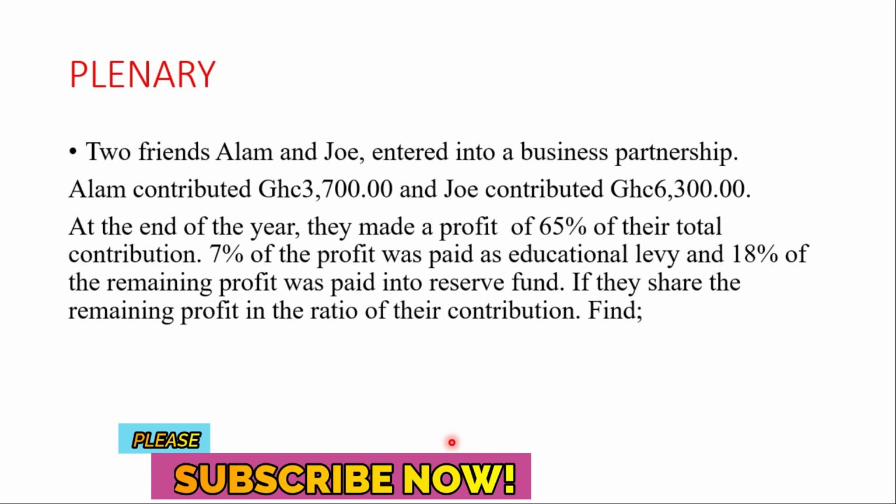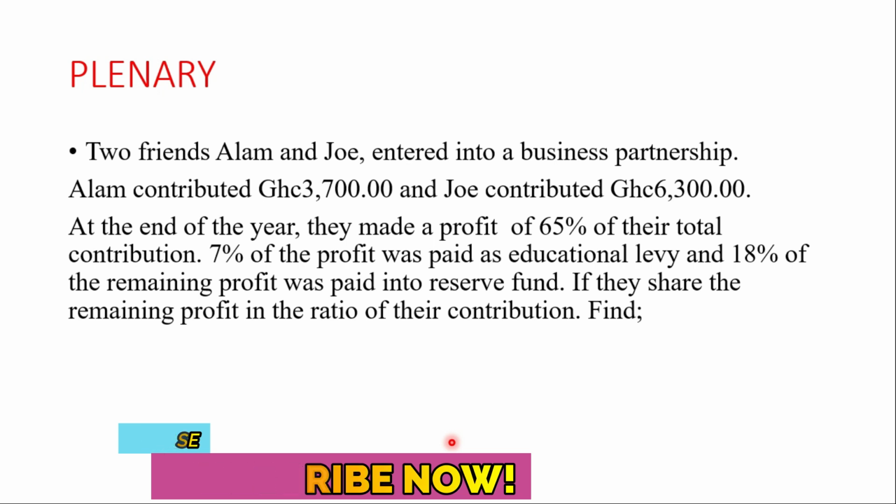Now they decided that they will save 7% of the profit as educational levy, and then 18% of the remaining profit, after they've given some of the profit to the educational levy, they also saved 18% as their reserve fund.